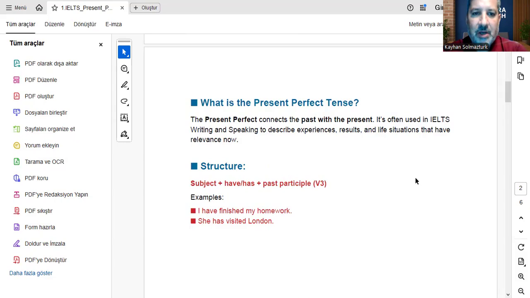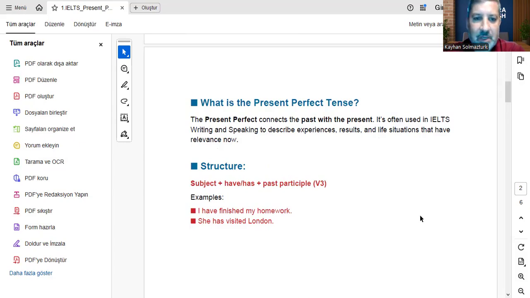So what's the present perfect tense? The present perfect connects the past with the present. It's often used in IELTS writing and speaking to describe experiences, results, and life situations that have relevance now.